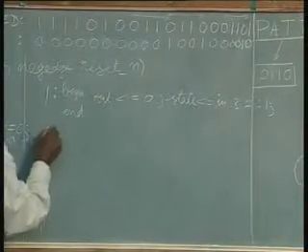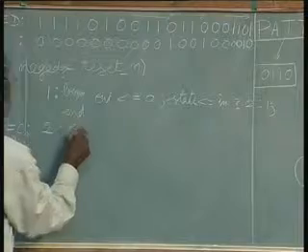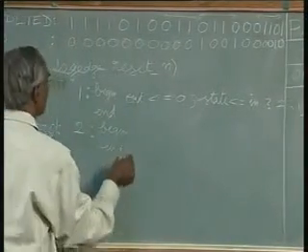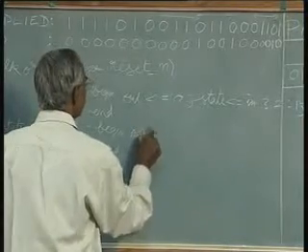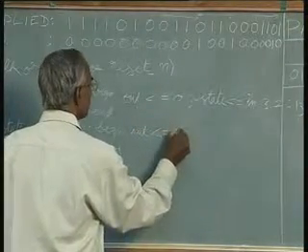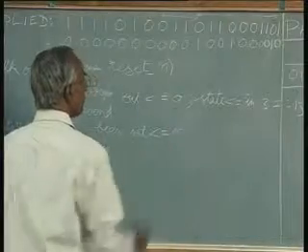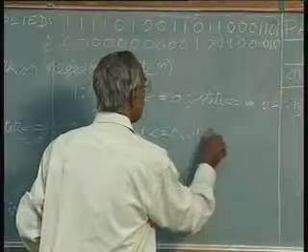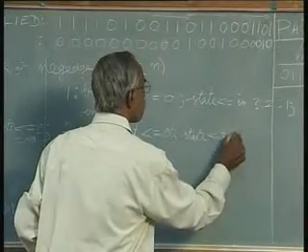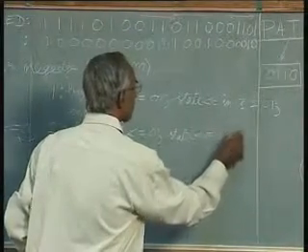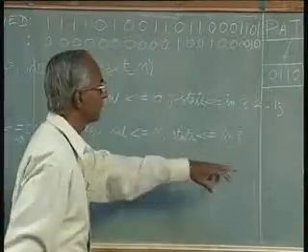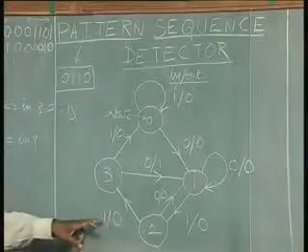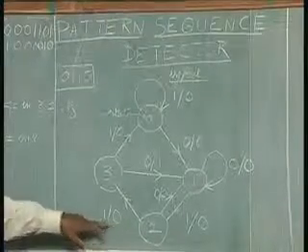Similarly for 2, once again begin, end, then out. Here also it is 0. Then state here is, we are in state 2. So that is this state. So input is 1, not this. This is the output.